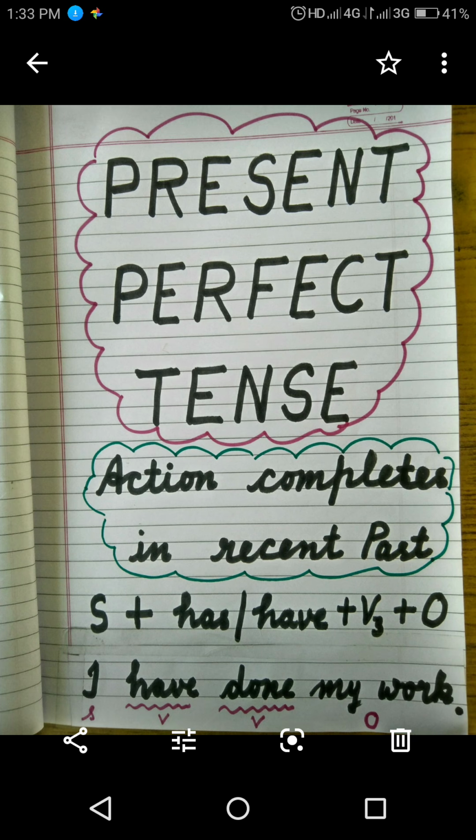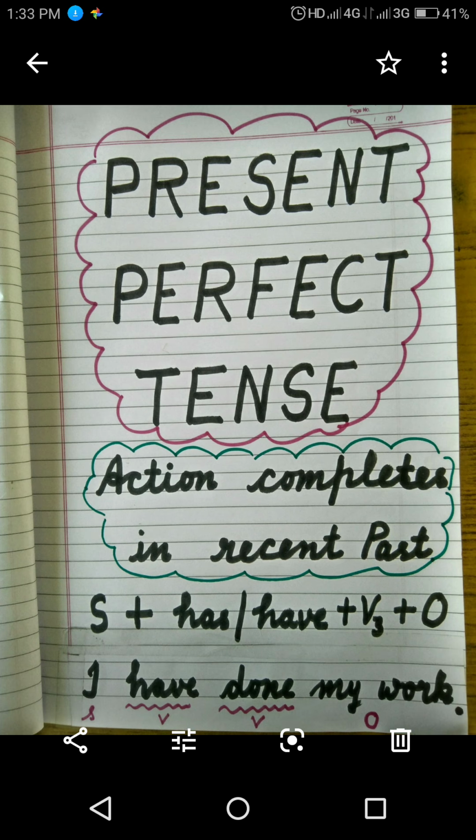Okay. So you already know we have already discussed all the tenses including present perfect tense. Whenever you are having a conversation, many a times you are using the sentence. Whenever you finish your work, you say, I have done my work. This is the simplest and easiest example of present perfect tense.